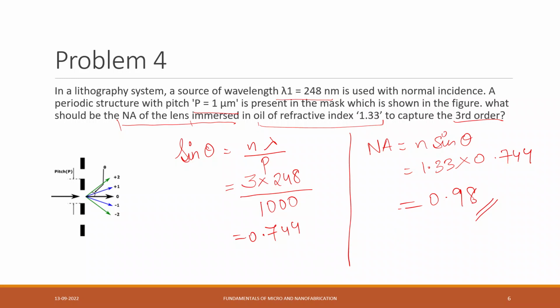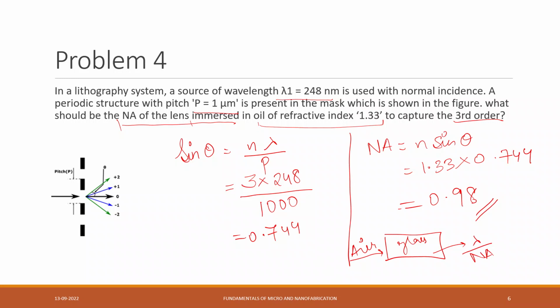Whenever we have glass here and air here, the wavelength in air and the wavelength inside the glass will be different. Essentially, the wavelength inside the glass will be lambda by n.